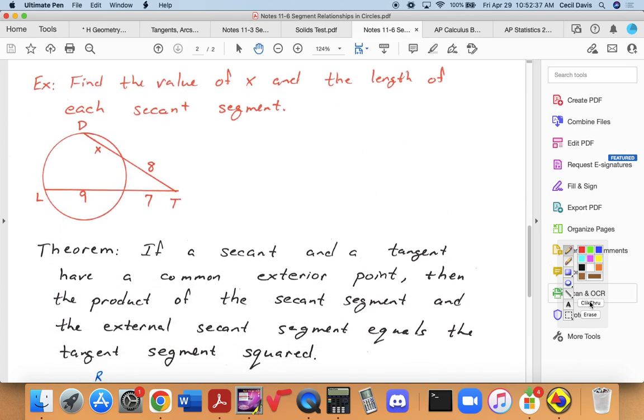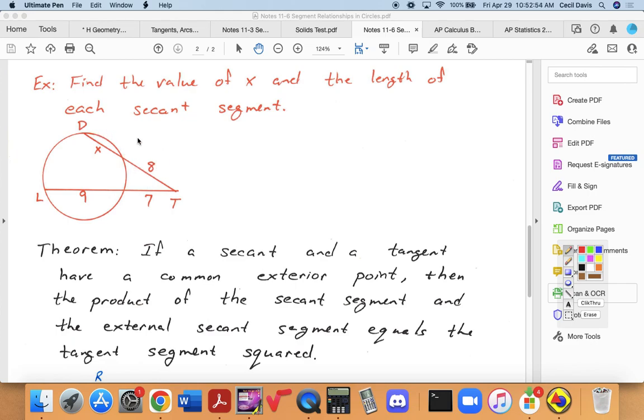So, let's take a look at this one. So we want the whole thing times the outside piece.